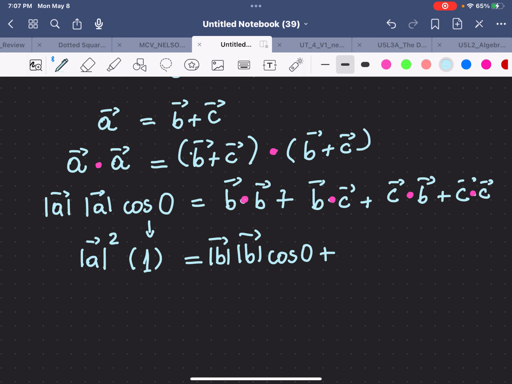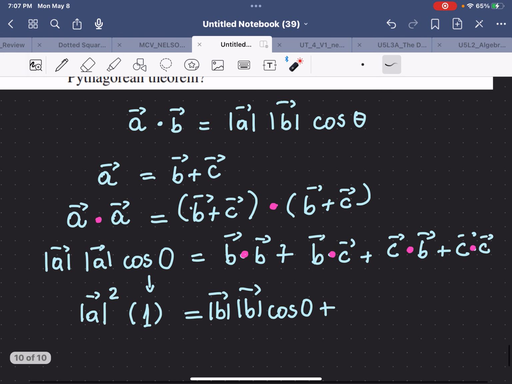Plus, and here we have to do a little bit of work. You see how we have B dot C and C dot B? We have discussed that in dot product, the order doesn't matter because it's scalars, right? If you dot product A with B, that's what you get. If you dot product B with A, then you will have the magnitude of B, which is the same positive number, the magnitude of A, angle the same, right? So the order doesn't matter.